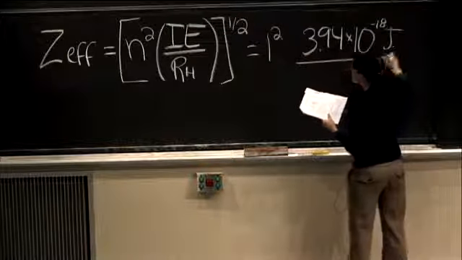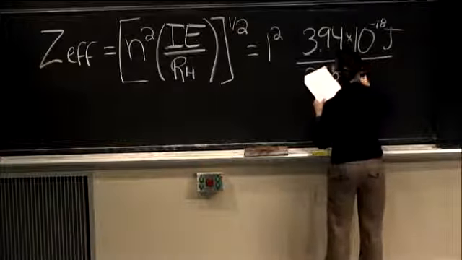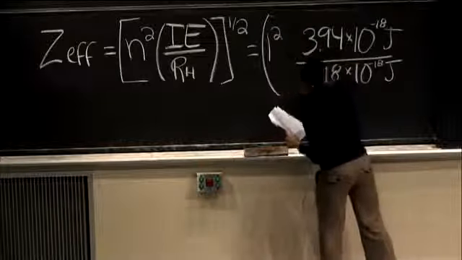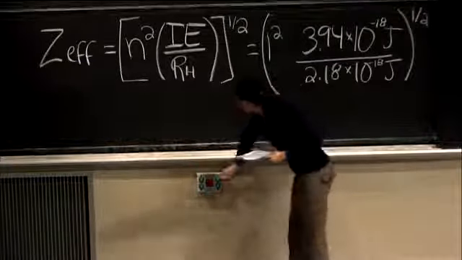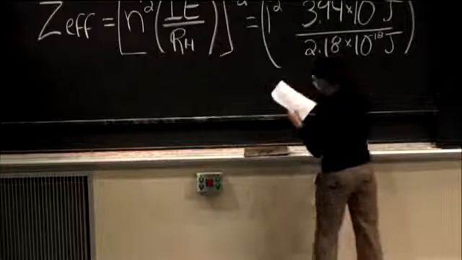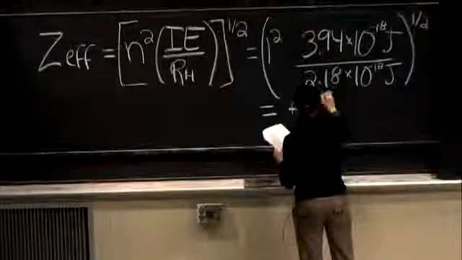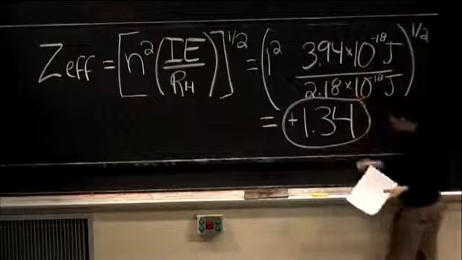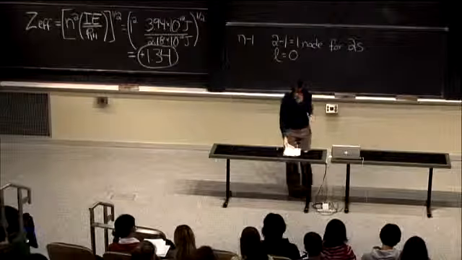We put all of this over the Rydberg constant, which is 2.18 times 10 to the negative 18 joules, and we want to raise this all to the 1/2. So what we end up seeing is that Z effective is equal to positive 1.34. This is what we find the actual Z effective is for an electron in the helium atom.